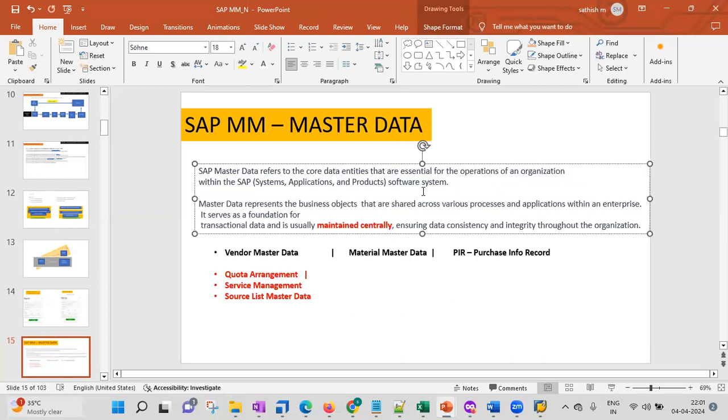It says master data, which is common place data, represents the business objects. The important word is business objects, that are shared across the various processes and applications within the enterprise. You understood this point?